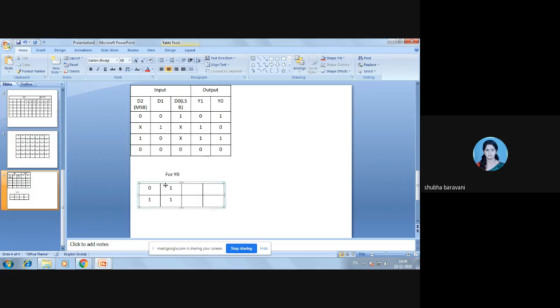देखो, is this correct for y naught? Anyone needs explanation for this? Does anyone need explanation for this? All have done this? You all are getting it same?